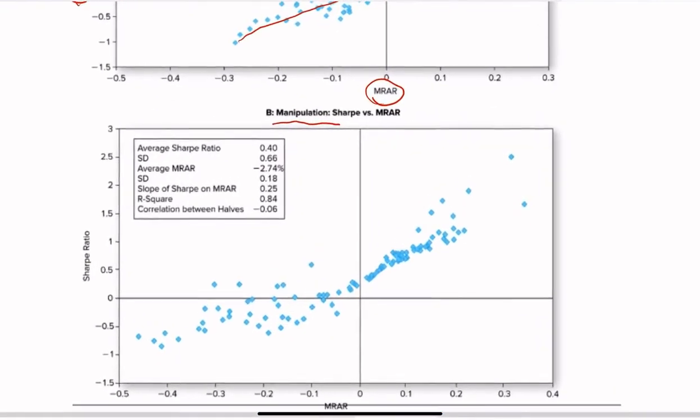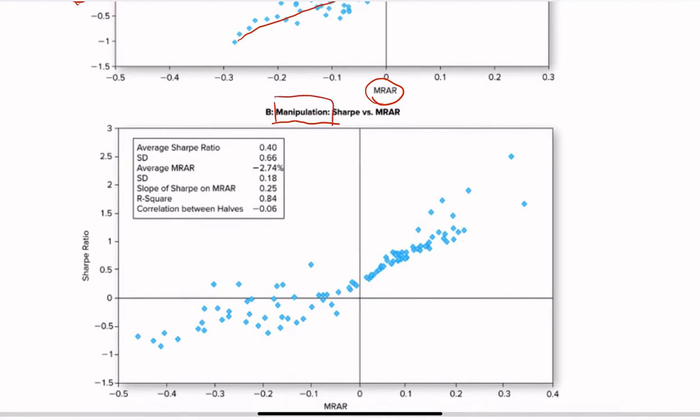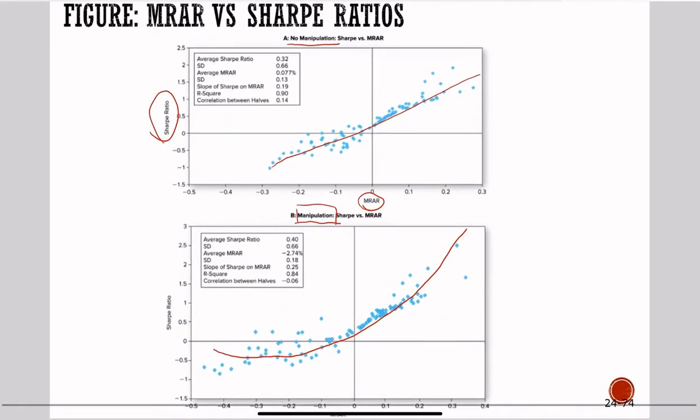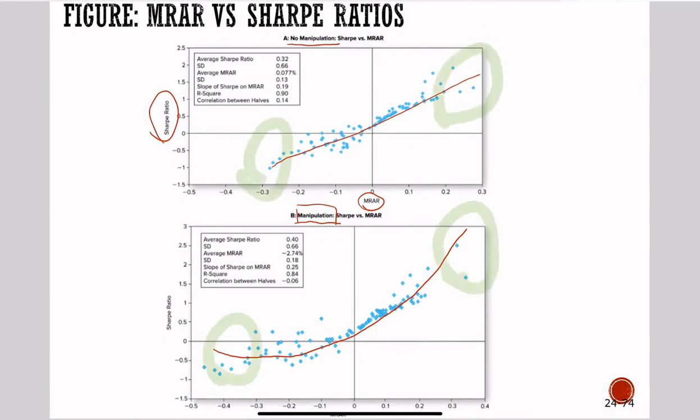And now if there is manipulation, right, what you can see here is the curve will roughly look like this. So it's a convex curve. The key difference are on the two sides. Here, here, here, and here.